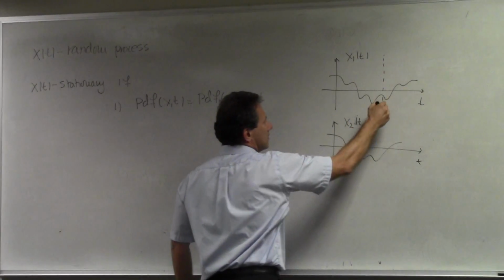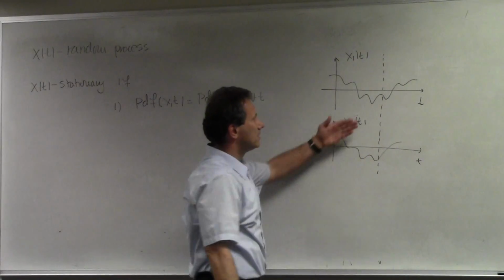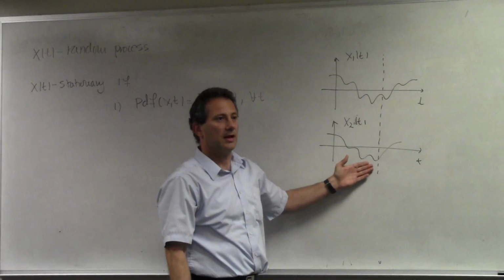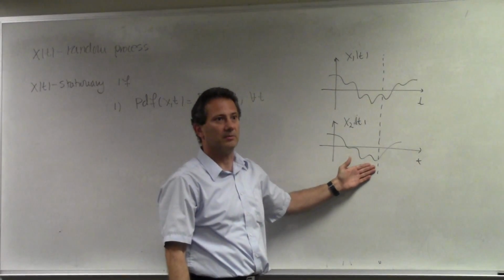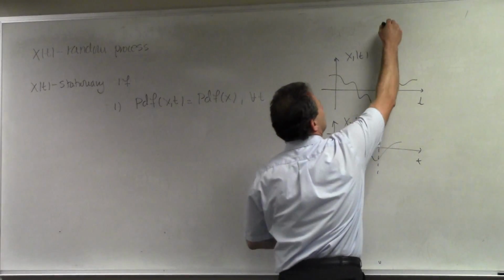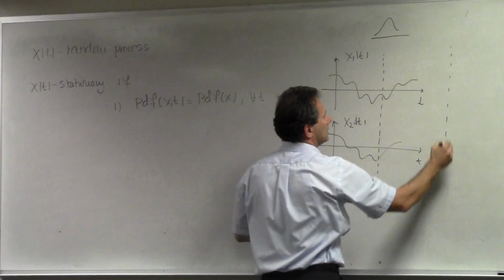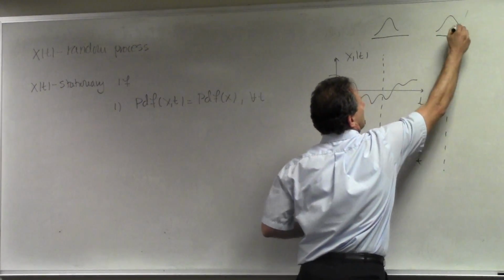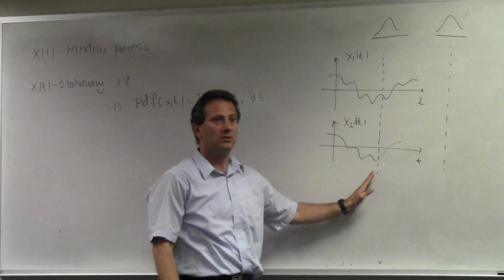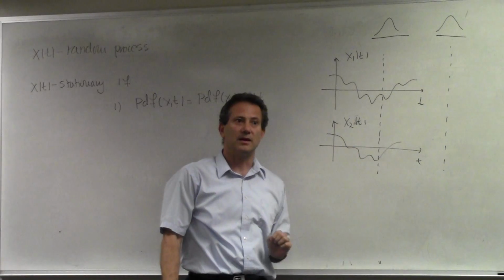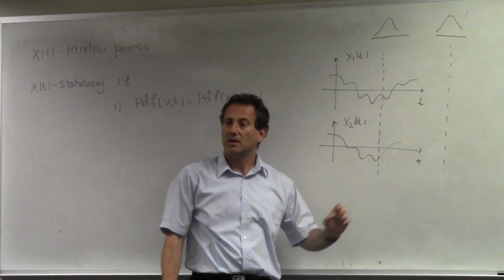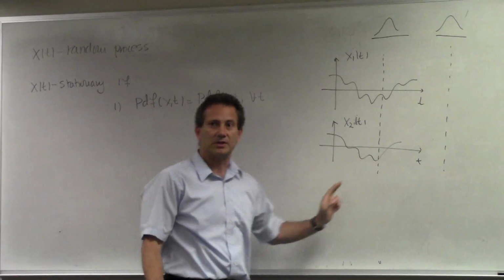If I freeze the time, my amplitudes become random variables, and I can attach a PDF to any random variable. The PDF that I obtain at this time is going to be the same as the PDF that I obtain at any time. Doesn't matter what time I look, the distribution of the signal in the amplitude domain is going to be the same. But that's not enough of a condition for stationarity.